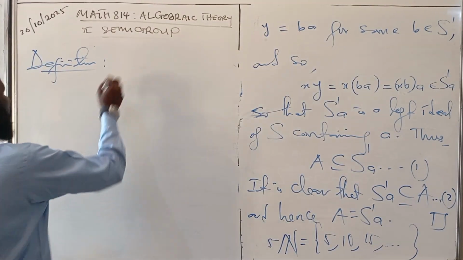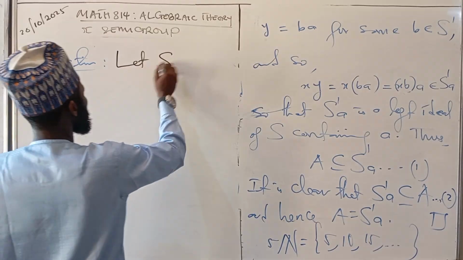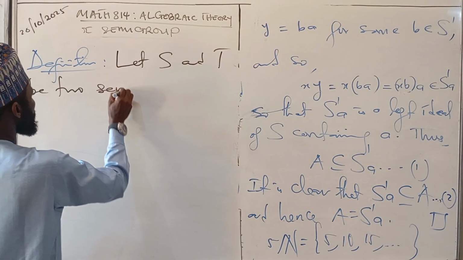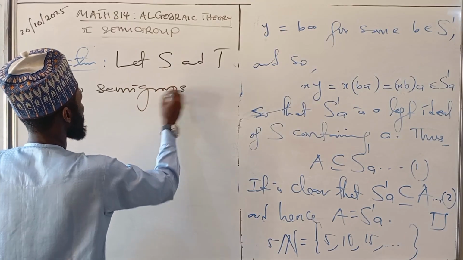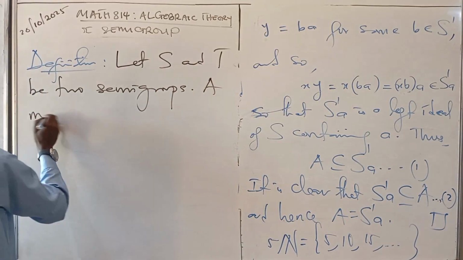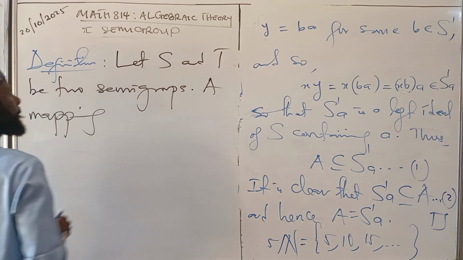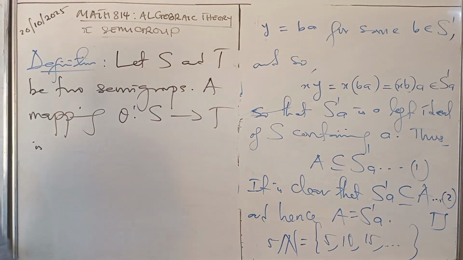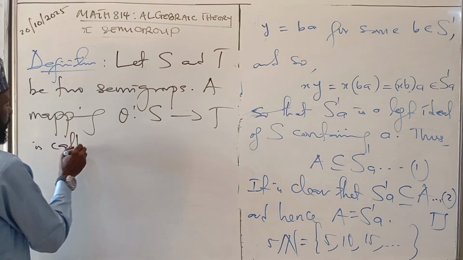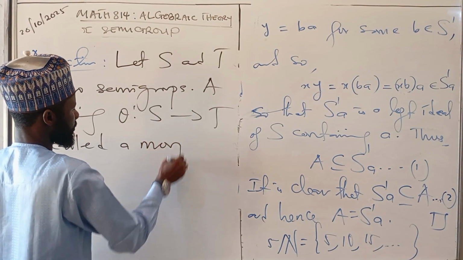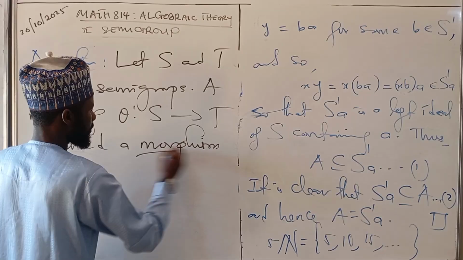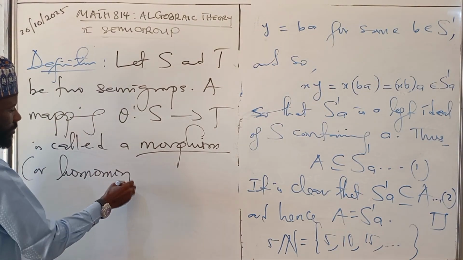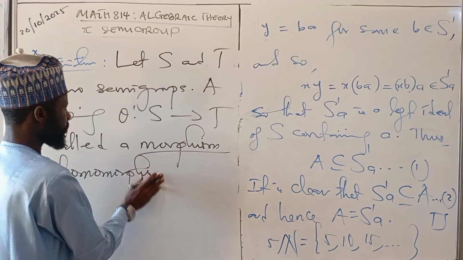Now, let S and T be two semigroups. A map theta from S to T is called a morphism or homomorphism, here a semigroup homomorphism.